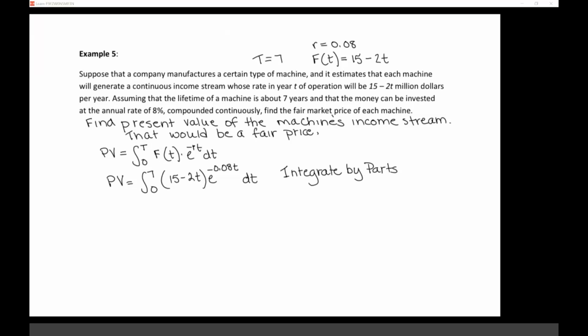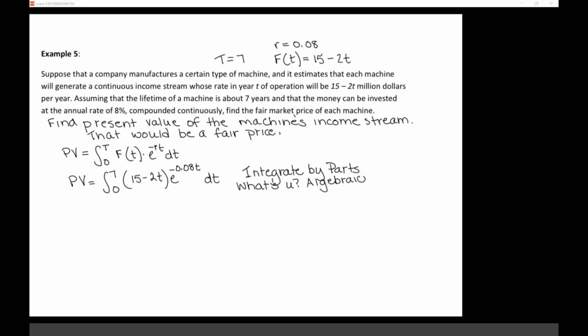The first thing you've got to decide is what's u and what's dv. Remember the rule of thumb for picking u. If you've got a log function, then u is the log function. Otherwise, u is the algebraic function. I don't have a log function, so I have to pick the algebraic one, and my algebraic function is 15 minus 2t.